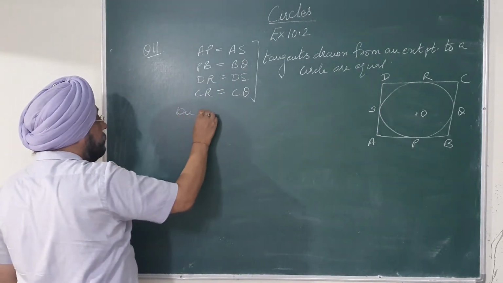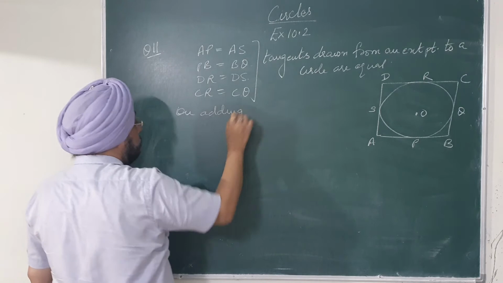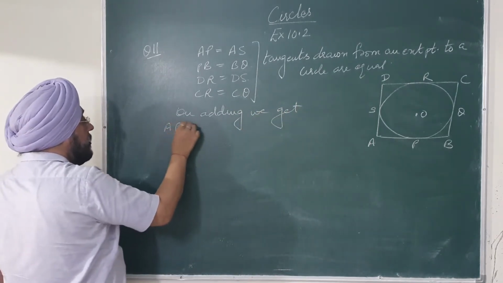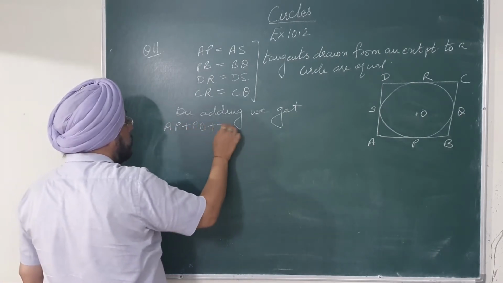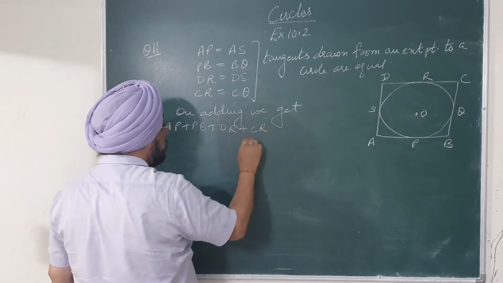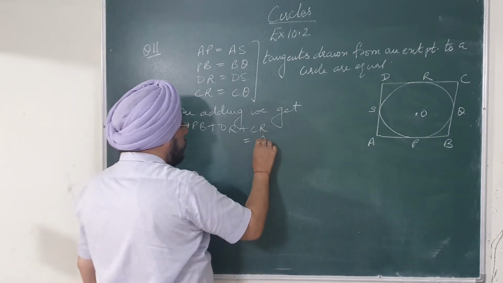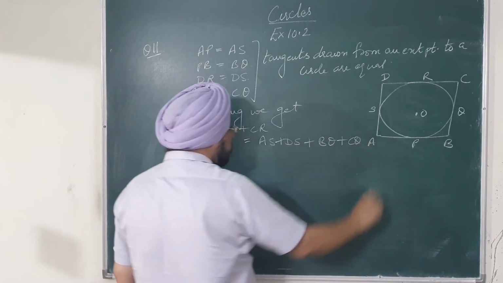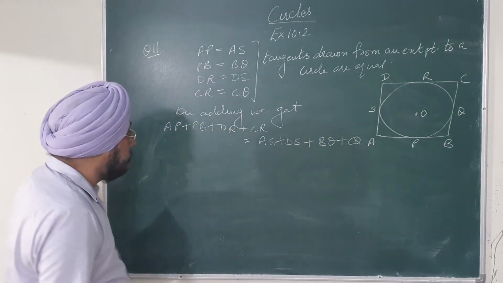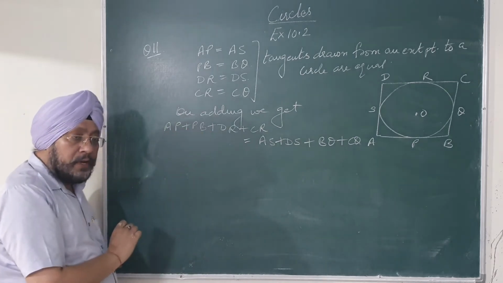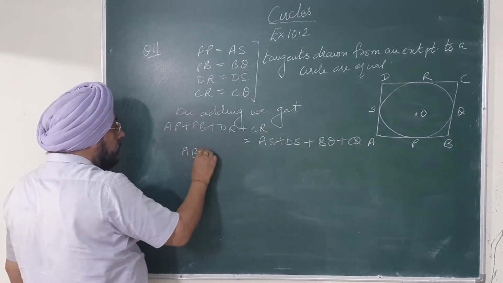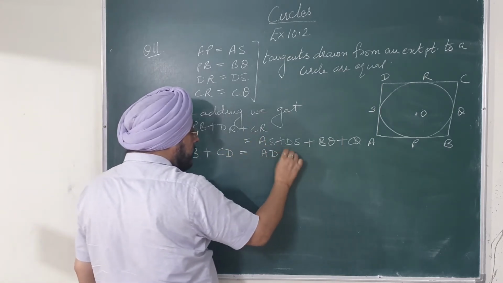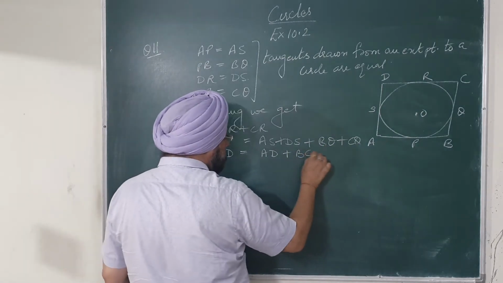On adding, we get AP plus PB plus DR plus CR must be equal to AS plus DS plus BQ plus CQ. So this we have already done in question number 8. So AP plus PB becomes AB, DR plus CR becomes CD, AS and DS becomes AD, and BQ and CQ becomes BC.